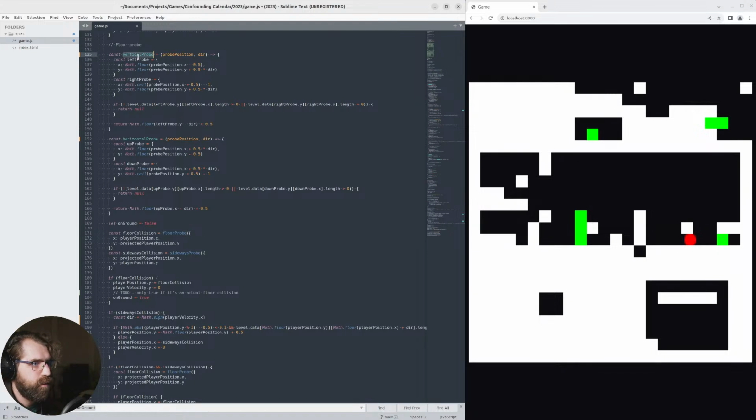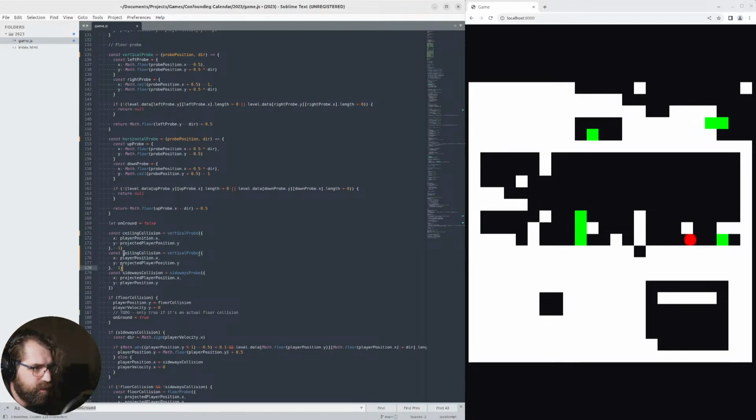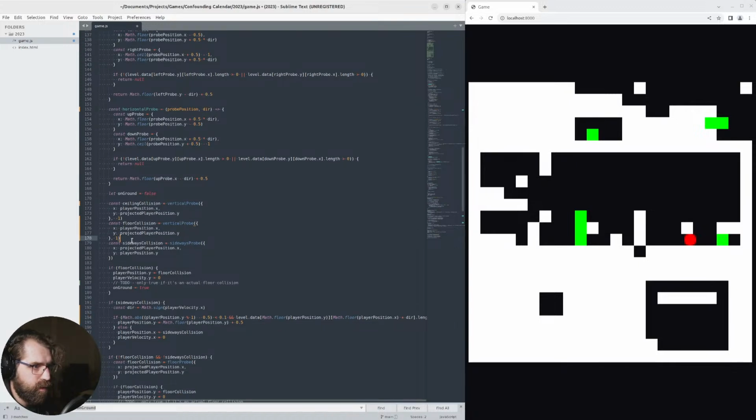So vertical probe upwards, well, downwards. Yeah, we can do upwards. So that's ceiling collision. This is floor collision. 1. This is left surface collision.